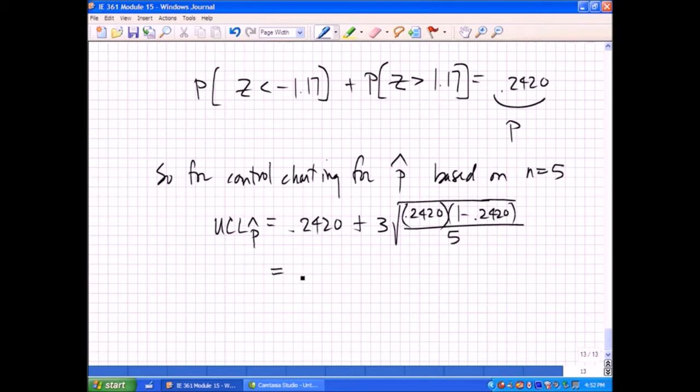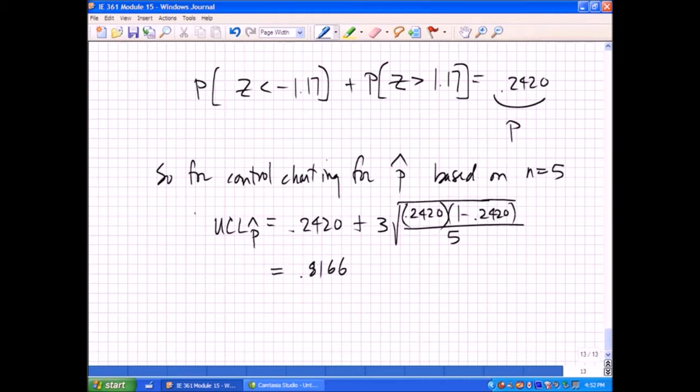That is 0.8166. Now, 81.66% of a sample of size 5 is more than 80%, which is more than 4 out of 5.